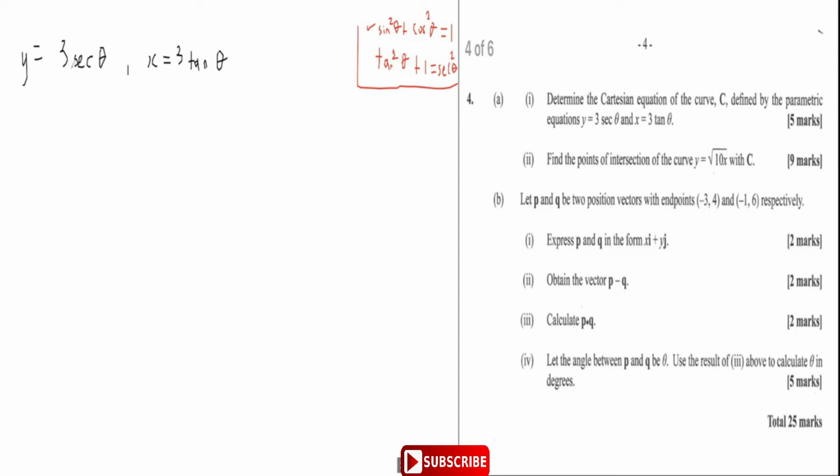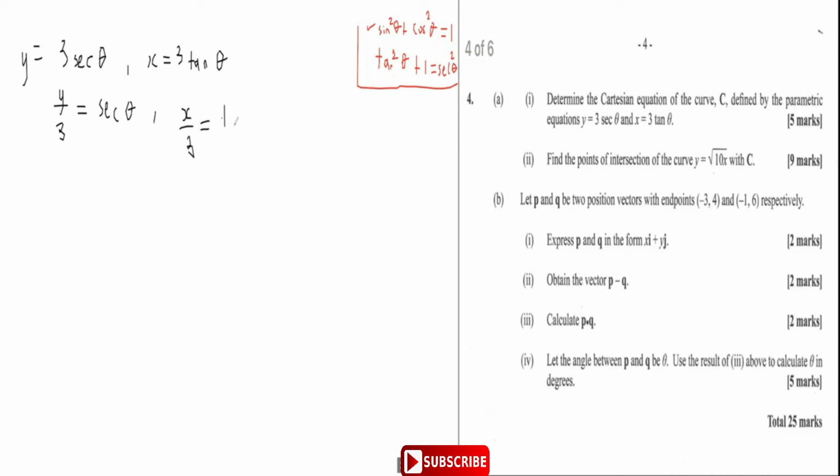So if y is equal to 3 sec theta, we can divide both sides by 3 to get y over 3 is sec theta. And from the other side, dividing by 3, we have x over 3 is equal to tan theta.